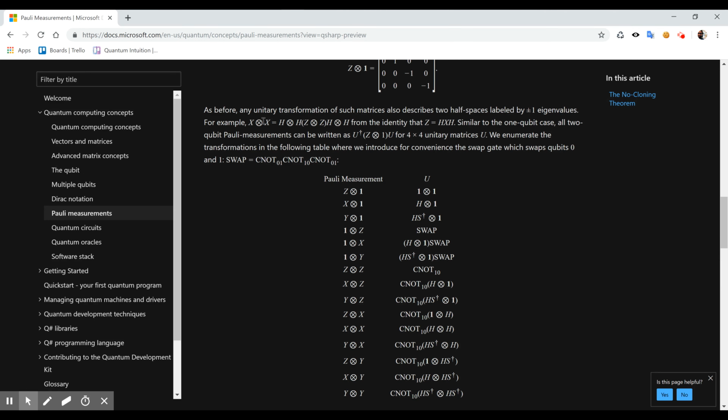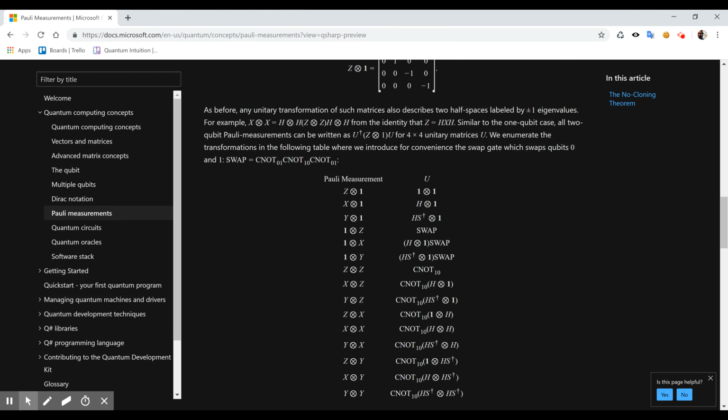As before, any unitary transformation of such matrices also describes two half spaces labeled by plus minus 1 eigenvalues. For example, X tensor product X equals H tensor product H Z Z H H, from the identity that Z equals HXH, similar to the 1 qubit case.